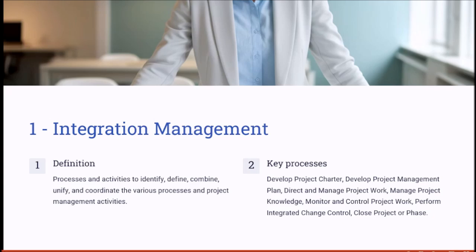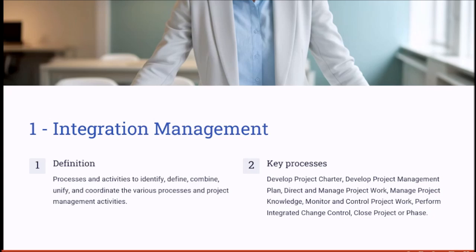The next key process is monitor and control project work, which tracks, reviews and reports the project progress against the performance objectives defined in the project management plan. Next, we have perform integrated change control, and that happens in the monitoring and controlling phase.